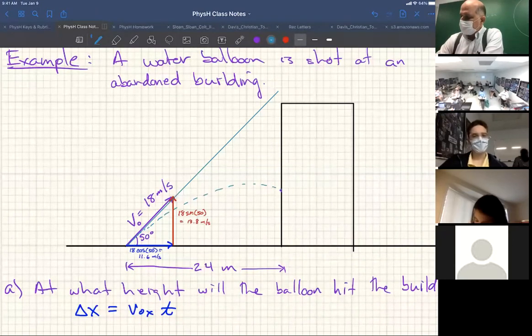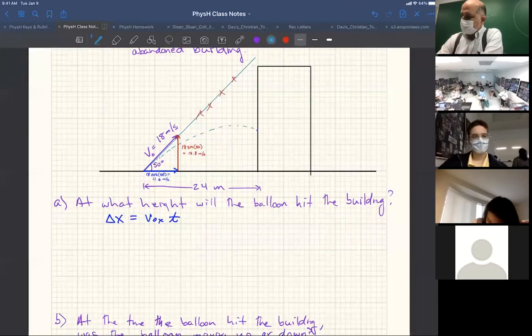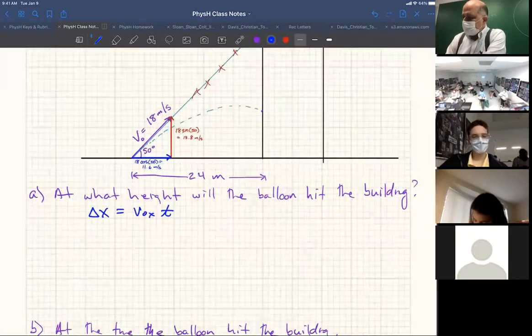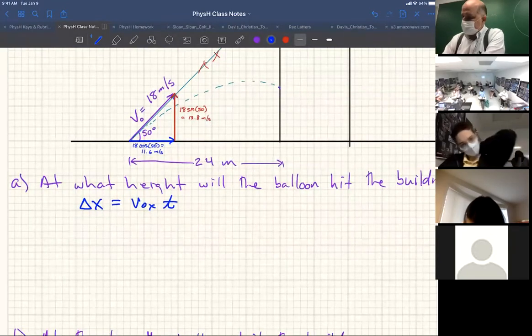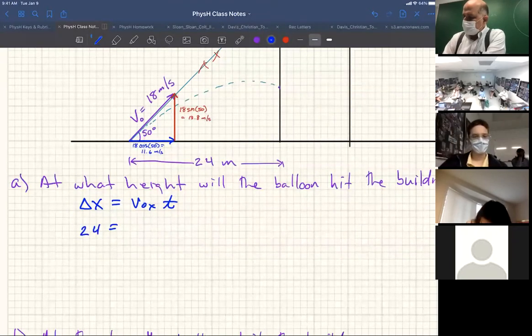So that is incorrect stuff right there. We have to use the equations for projectiles. So this would be 24 is equal to 11.6 times t.